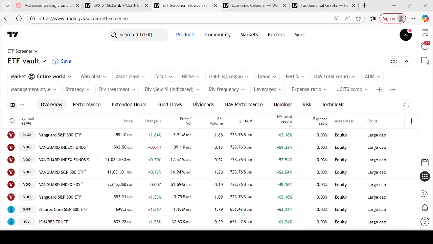Now let's see how we can implement sector rotation. Implementing a sector rotation strategy requires a combination of timing, technical analysis and fundamental evaluation. To effectively rotate between sectors, you will need to identify when a sector is likely to outperform or underperform the broader market.